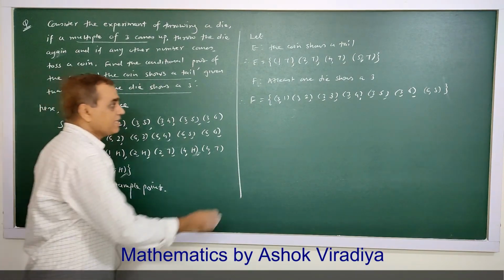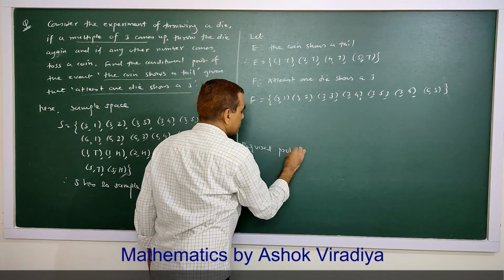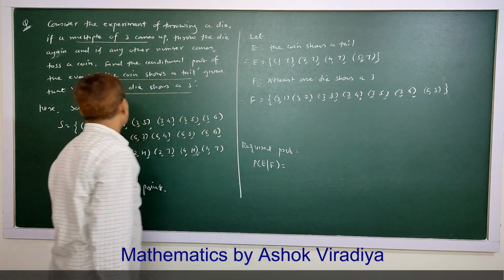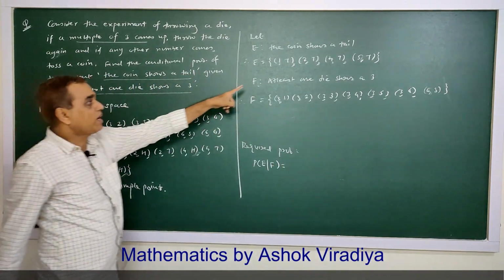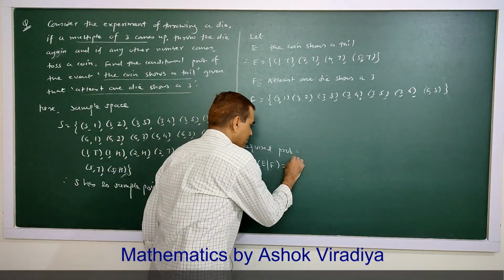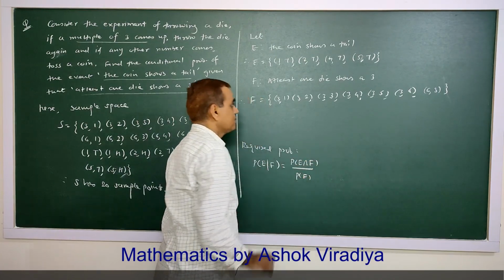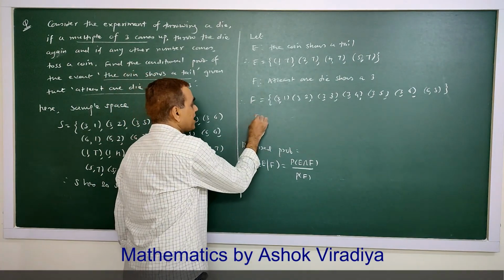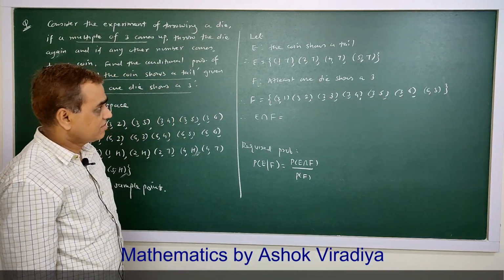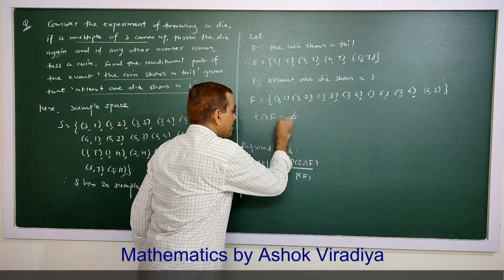Now required probability is P of E given F, so put after vertical line, P of E intersection F upon P of F. Now E intersection F, common in E and F, nothing is common, so E intersection F is empty.